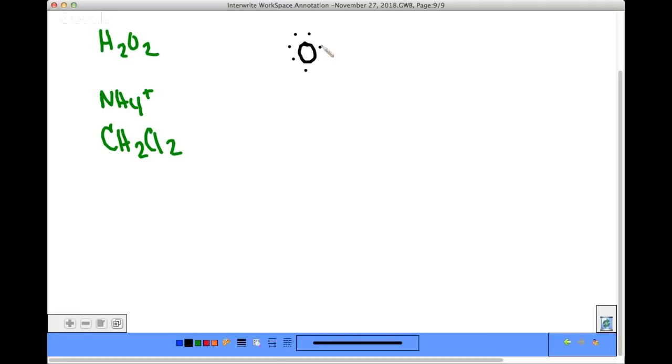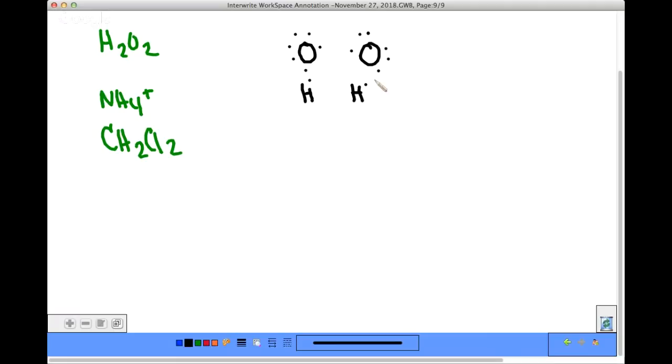So the minute that you see that it has 6 valence electrons and you know that it needs 8, that means that it's going to form 2 bonds. So we have 2 oxygens that are going to form 2 bonds. You can't bond both of these hydrogens to one of these oxygens because then this oxygen isn't going to have any bonds either. So remember, hydrogen has 1 valence electron.